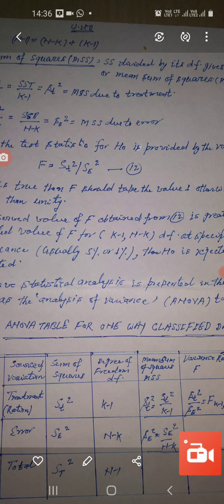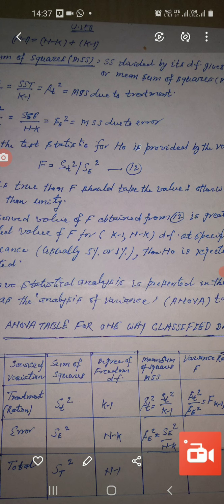Suppose you have some fertilizers, and you put the first fertilizer at random, a random allocation of treatment.